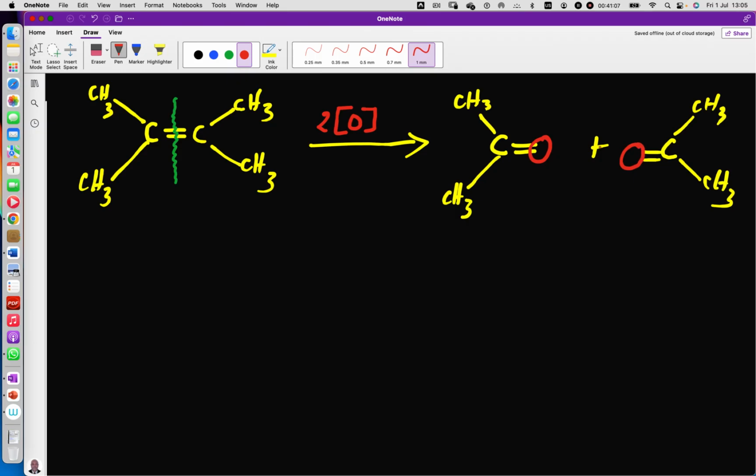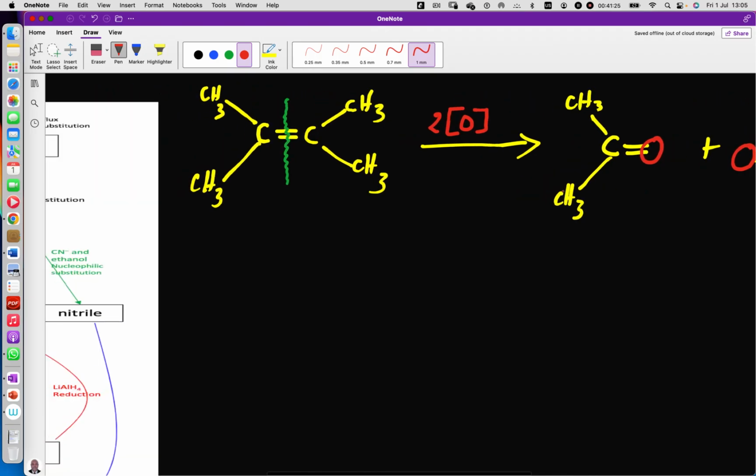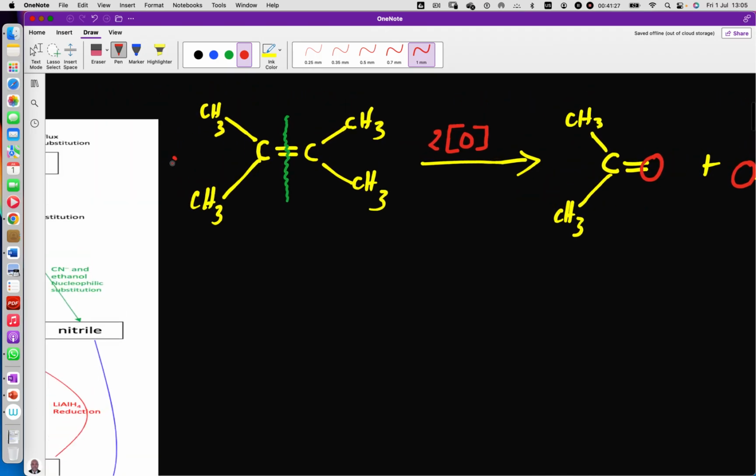In that case, we now have two ketones. This is propanone, 1, 2, 3. Two ketones are being formed as a result of this breakage.